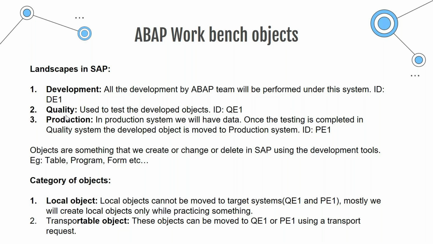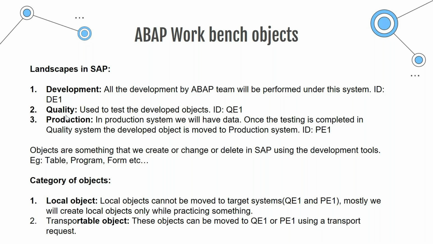Any change to a workbench object can only be performed in the development system. It cannot be performed in other systems. In the quality and production systems, you will not have authorization or access to make a change to a workbench object. Not at all possible, no matter which project it is, anywhere across the world.